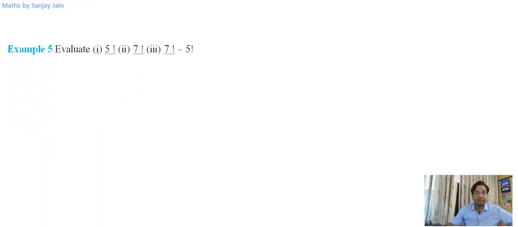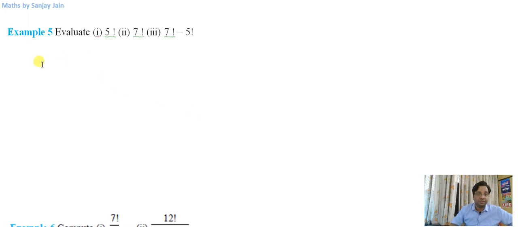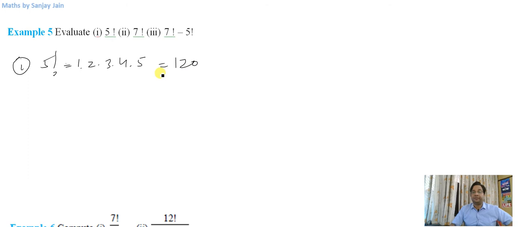Evaluate 5 factorial. This is something that we have just done. 5 factorial is product of natural numbers starting from 1 going up to 5. So 5 factorial is nothing but 1 into 2 into 3 into 4 into 5, that is 120, right? What is 7 factorial? Similarly, 7 factorial is 7 into 6 into 5 factorial. 5 factorial we have counted already.